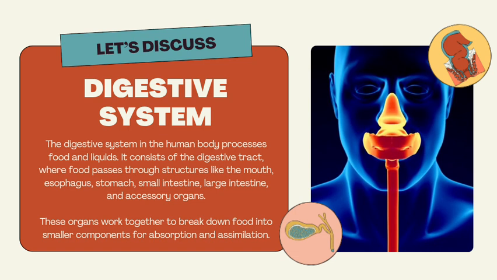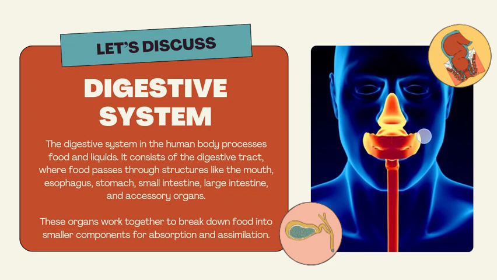We also focused on important details, and I'll drop the full meaning of this acronym in the comment section. These organs all work together to break down food into smaller components for absorption and assimilation.